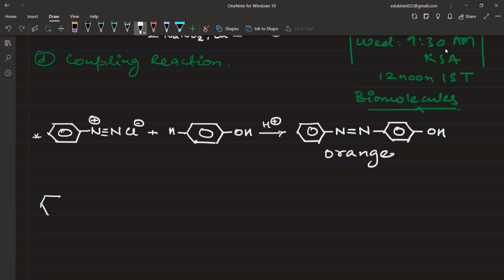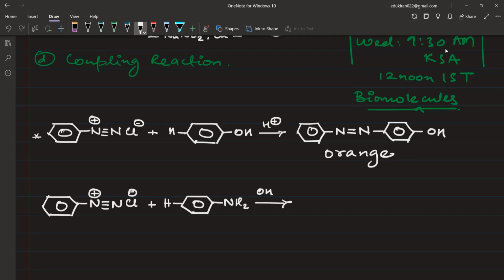A similar reaction is done with aniline also. For aniline, we keep basic conditions. The same HCl will be removed, and you will get NH2, and this is a yellow dye.